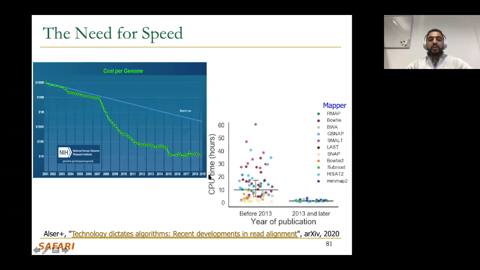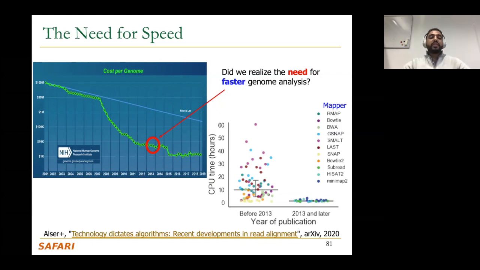So if you correlate that with the sequencing cost, for example, you will find that at 2013, the cost dropped very fast, and after that we start to have $1,000 sequencing cost. And I think by that time in 2013, we realized the need for faster genome analysis, because the cost is dropping very fast and we are generating more throughput, we are analyzing more genomes, but our CPUs are incapable of handling this much workload.